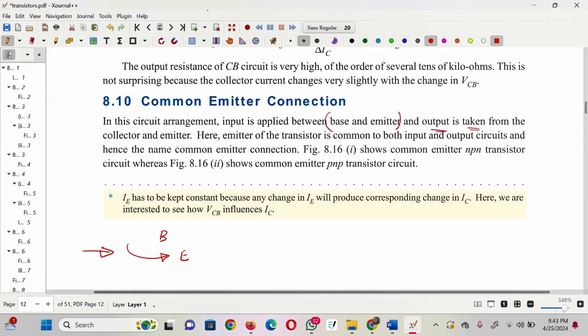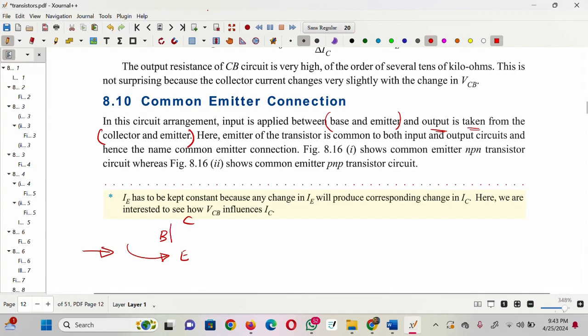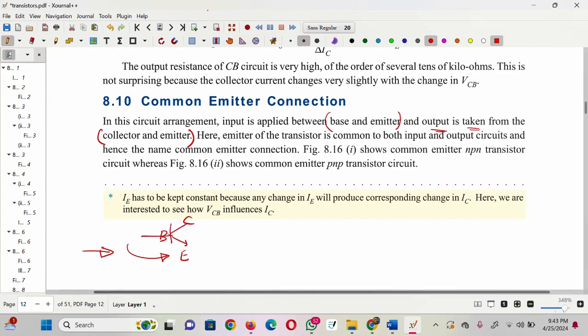Output is taken from the collector and the emitter. So this is the transistor structure. Output is taken from collector and emitter, like this it will come. That is called the common emitter configuration.